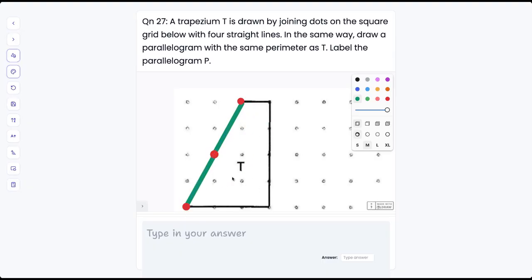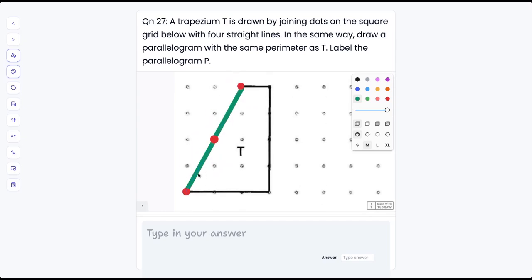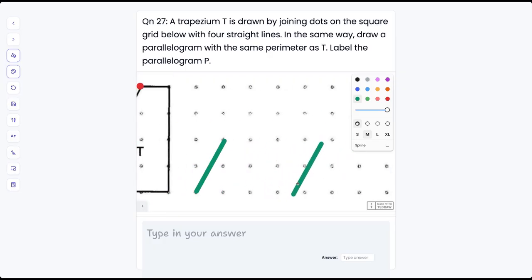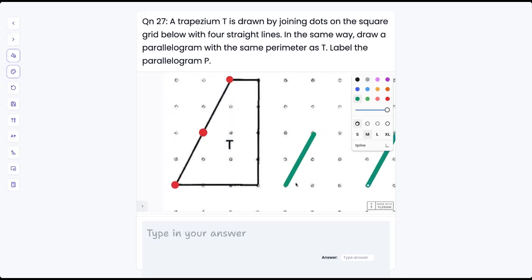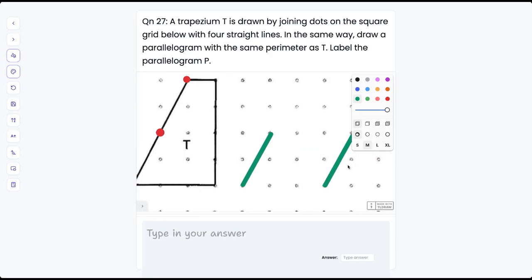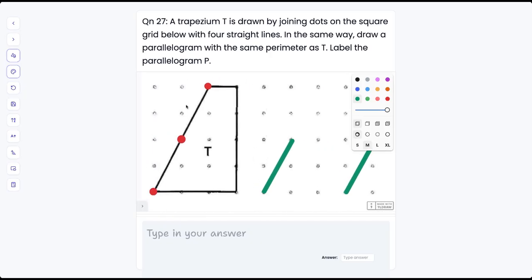There are two slanted lines, so we can draw a parallelogram that looks something like this. Next we just need to get the lengths of the straight lines.